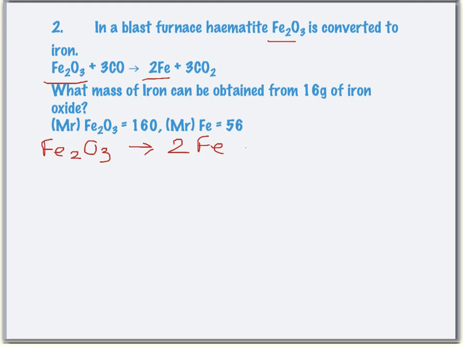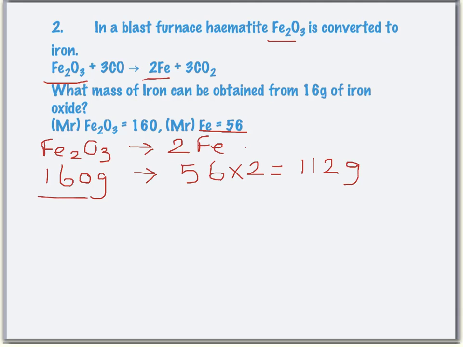So we need to understand we've got 1 mole making 2 moles. We've got to look at the relative molecular mass of the iron oxide, or the hematite in this instance. So 160 grams will make 2 moles of iron. Now 1 mole of iron is 56, so that's 56 times 2, and that will work out at 112 grams. So 160 grams will make 112 grams.